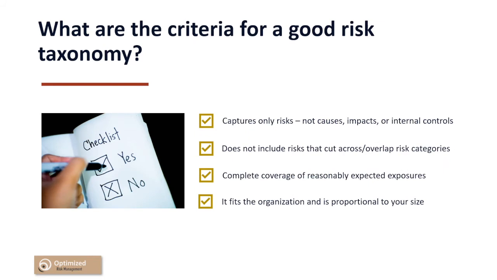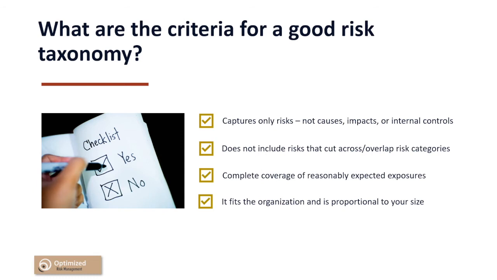There are some pitfalls to avoid when developing your risk taxonomy. Oftentimes, one can tend to focus on the cause of a risk or an impact of a risk rather than the risk itself during the risk categorization process. For example, let's consider if not locking your door is a risk. I argue it is not. Not locking your door could lead to a risk, such as theft.